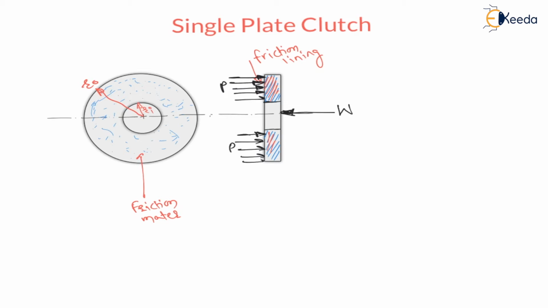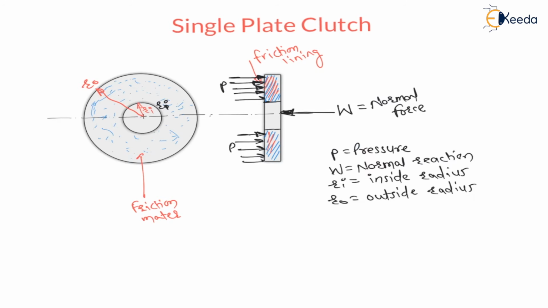This is a spring force W, or normal reaction, we can say normal force acting on the plates, right? Here the radius is changing uniformly from Ri to Ro. P is the pressure, W is the normal reaction or spring force exerted on the plate, Ri is inside radius, Ro is outside radius.